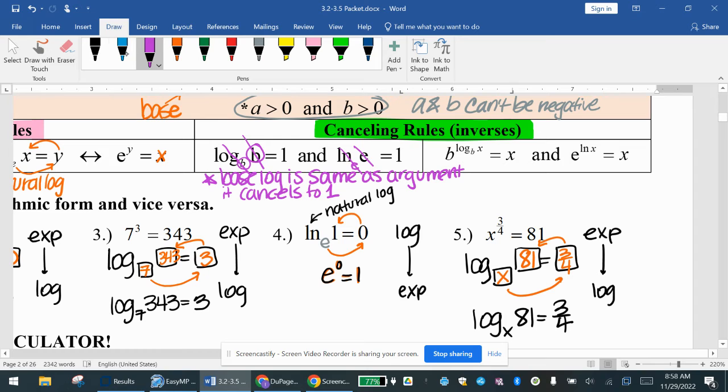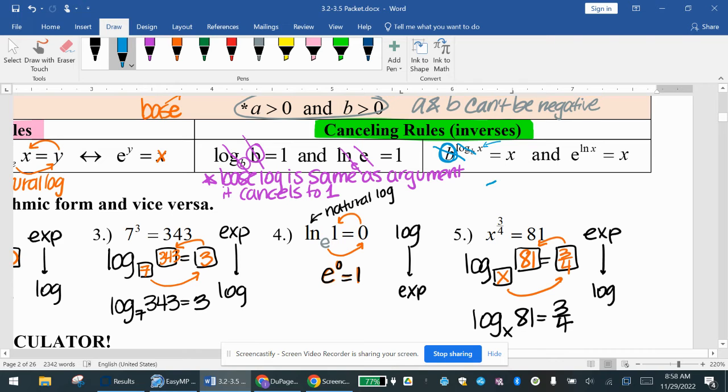The canceling rule for exponential expressions is very similar. If the base of your exponential, so here's your exponential expression, matches the log and its base, then those cancel and you get whatever's left over. So those turn to 1 and then you get left with whatever was still there. So let me give you an example.